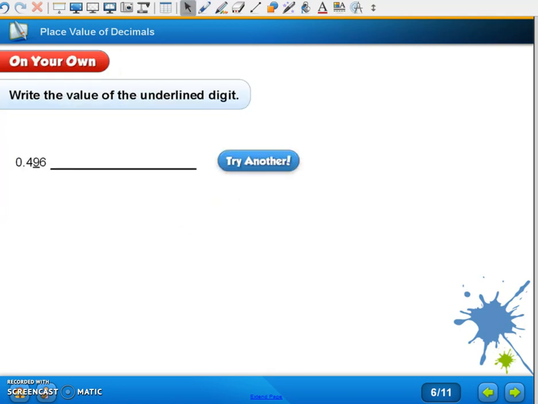This is number 7 on page 111. It deals with the value of the underlined digit. This one would be written as 9 hundredths.